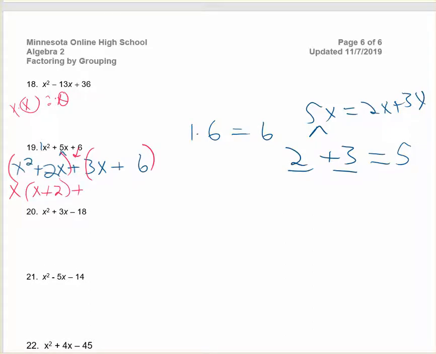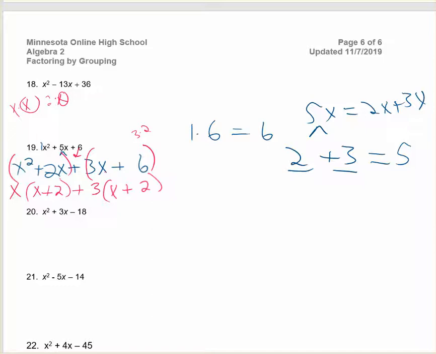Now I move to the second set of parentheses, and I think, what is the greatest common factor of 3x and 6? Well, 6 is 3 times 2, so the greatest common factor is 3. So I write that in front, and then I do 3x divided by 3, well, that's just x, and then 6 divided by 3, that's 2.